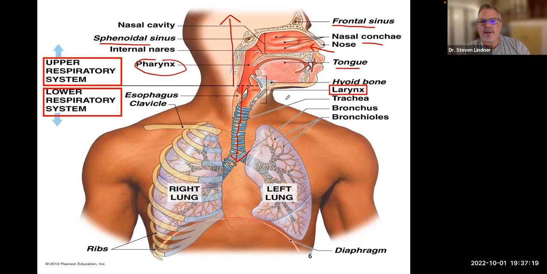So here is our trachea. And then we have our bronchus. You have your right bronchus and left bronchus. And then deeper, we have bronchioles.